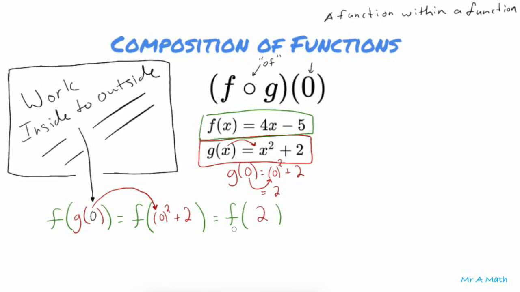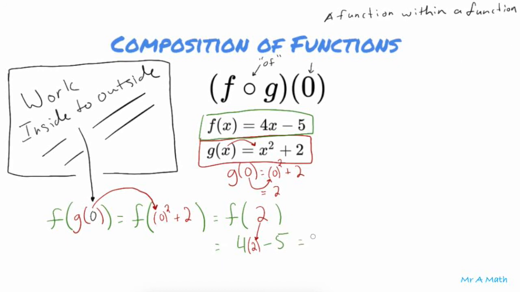And now we write this out as the function f, which is 4x minus 5. But remember, it's not f of x anymore, it's f of 2. So now instead of writing x, I am going to plug in this number 2 for x. So 4 times 2 is my function.